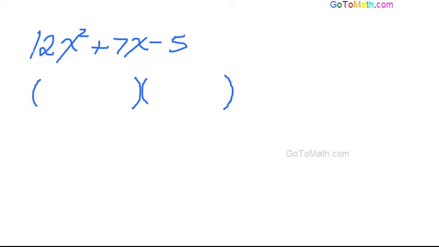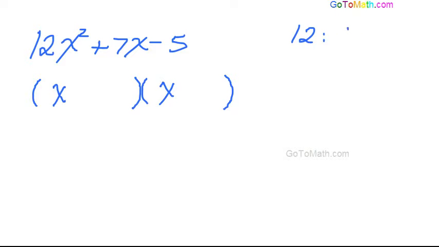In other words, these coefficients are going to go in front of x here. This could be a 12, and that could be a 1. So we got to look at this. We have 12, right?